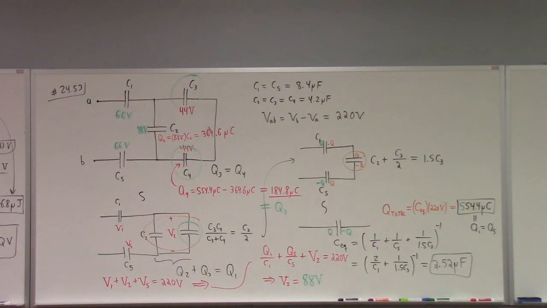And you could make it interesting by asking for the thing that you can't immediately see from the equivalent capacitance, like finding the voltage and the charge on C3 and C4, which took us a while to bore down into.